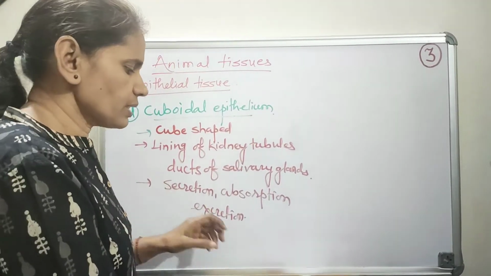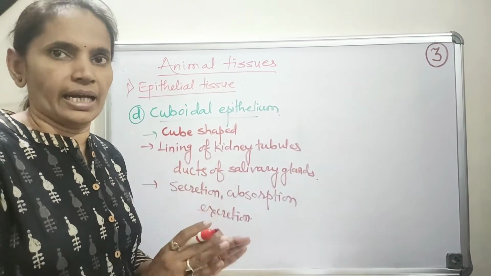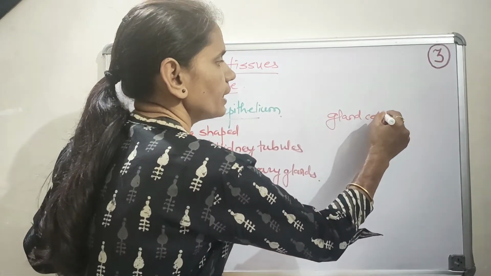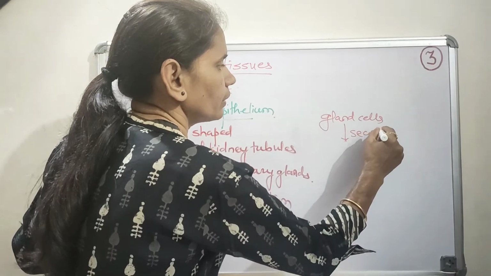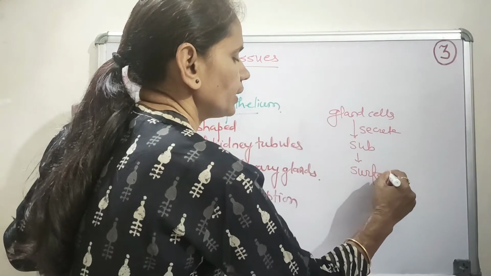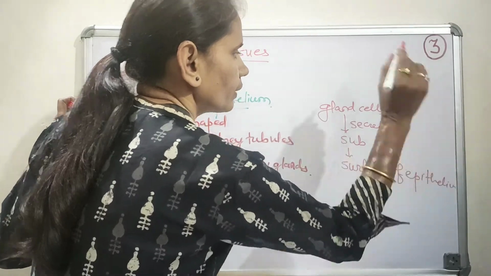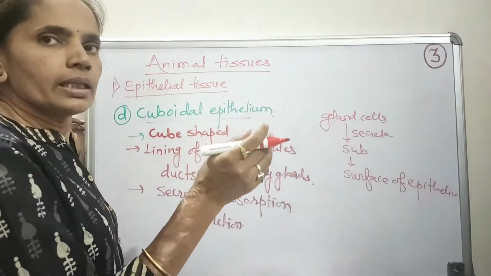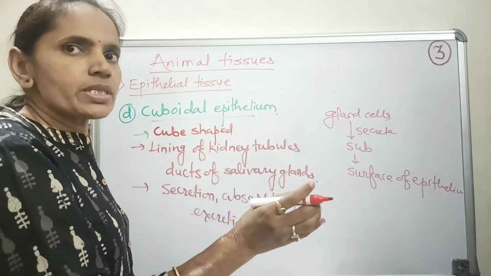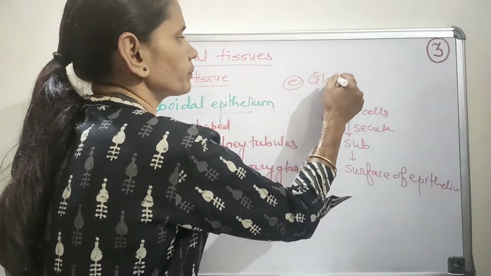Now, in certain cases, the epithelial tissue acquires a specialization as glands. So they form gland cells. These gland cells secrete substances on the surface of the epithelium. In some cases, the epithelial tissue folds inward and forms a multicellular gland, known as glandular epithelium.